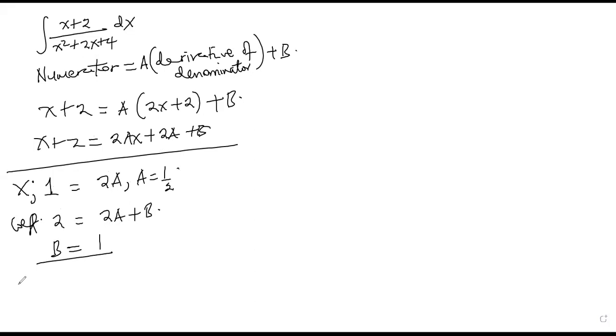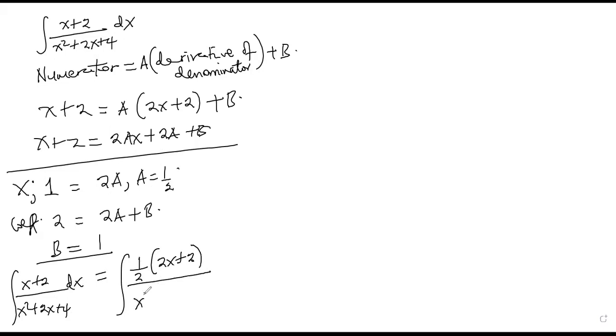Having this would imply that my integral of x plus 2 over x squared plus 2x plus 4 dx is going to be equal to, here you can factorize out a, and since it is a half, I will say a half times 2x plus 2 over the denominator x squared plus 2x plus 4 dx, plus the integral of the value of b, which is 1 over x squared plus 2x plus 4 dx.